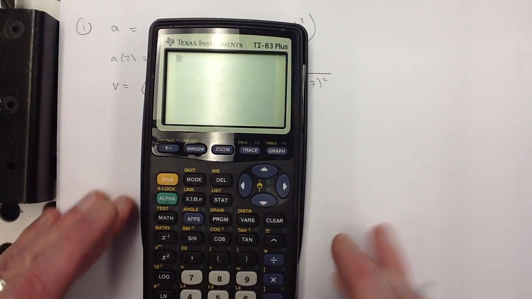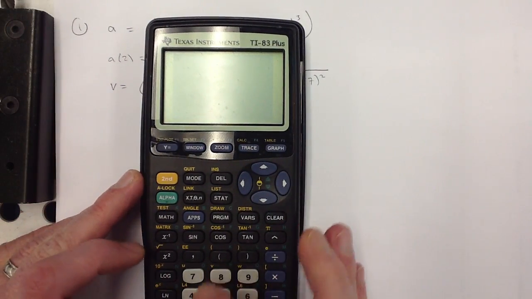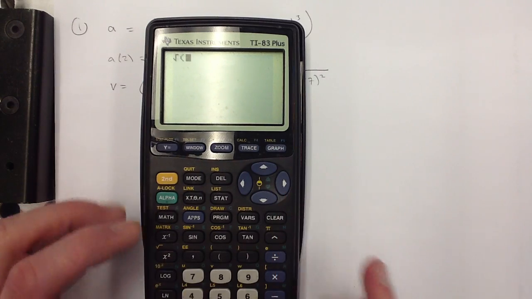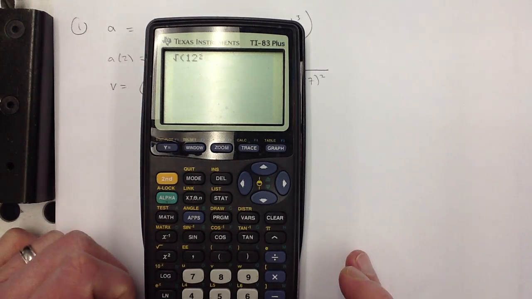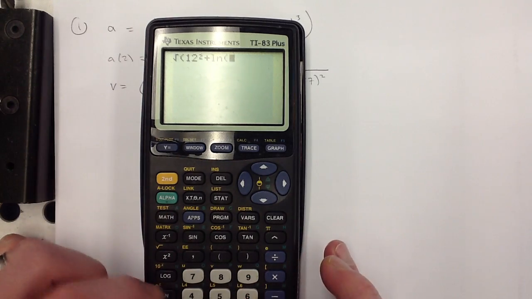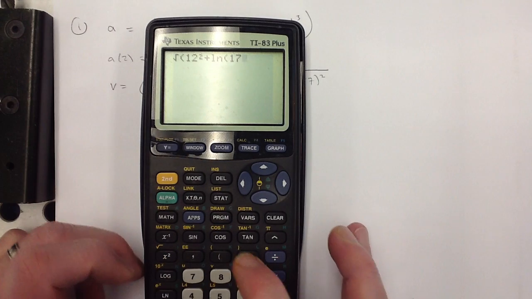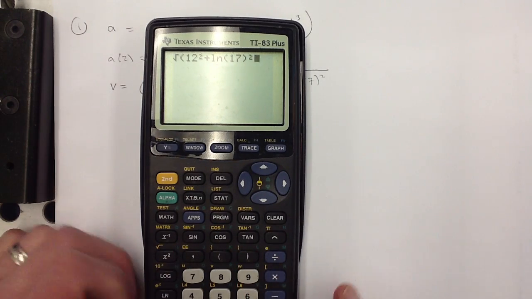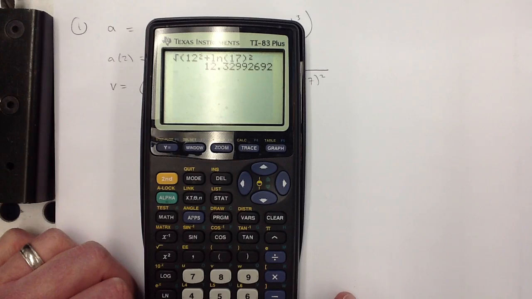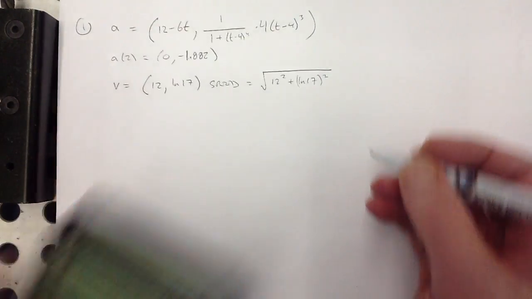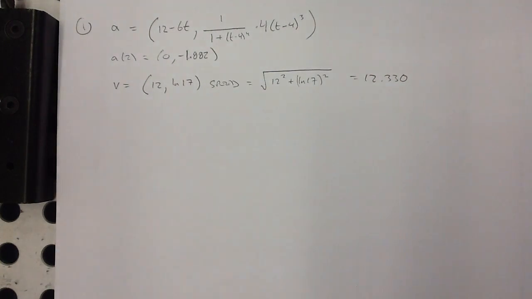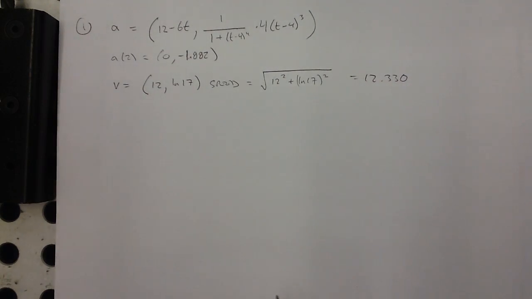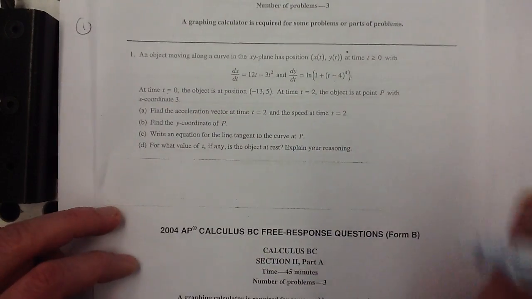I'm looking for the square root of 12 squared plus the natural log of 17 squared, and that gives me 12.330. Okay? And, all right, enough time spent on that.